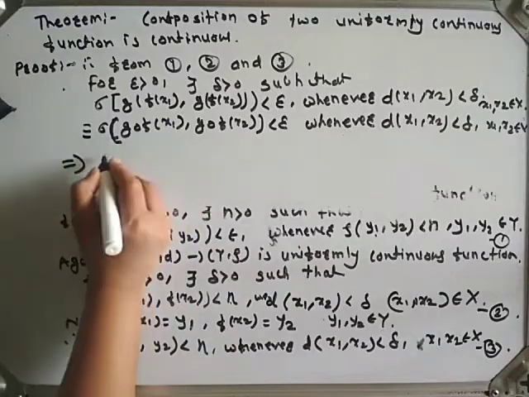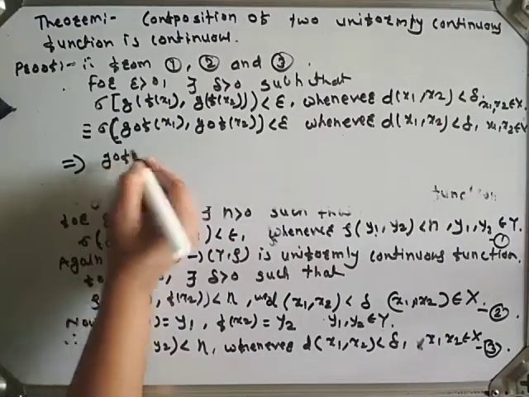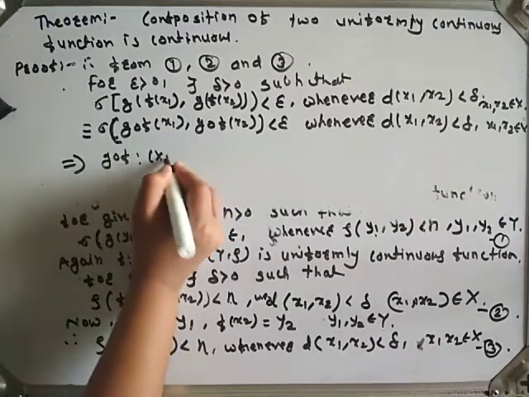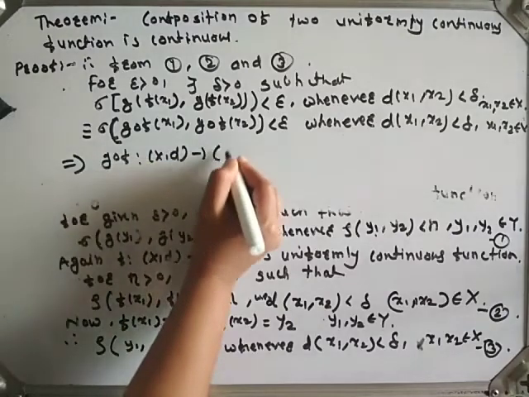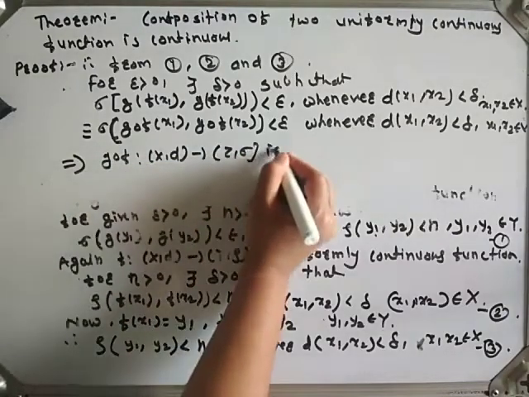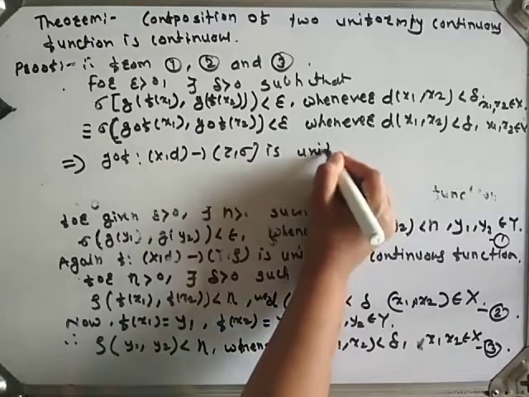That implies g composite f, a function from (X, d) to (Z, sigma), is uniformly continuous.